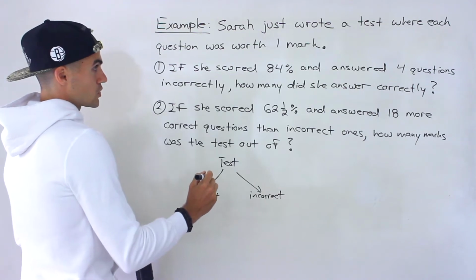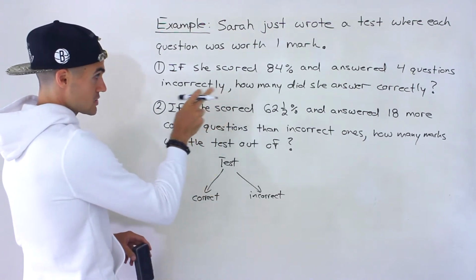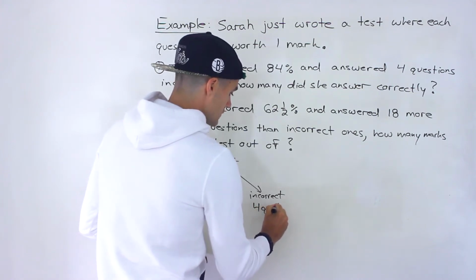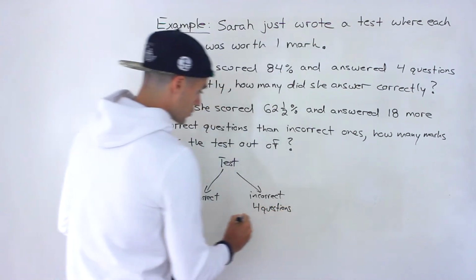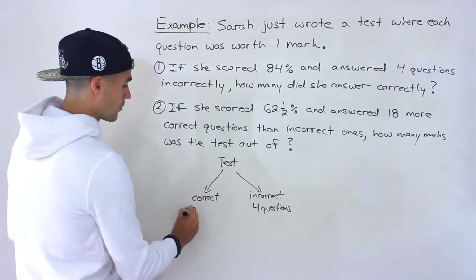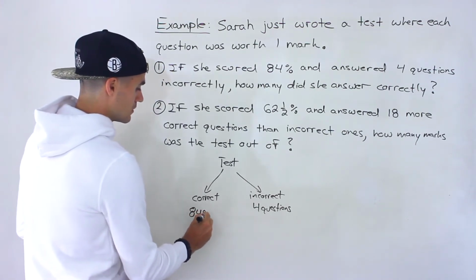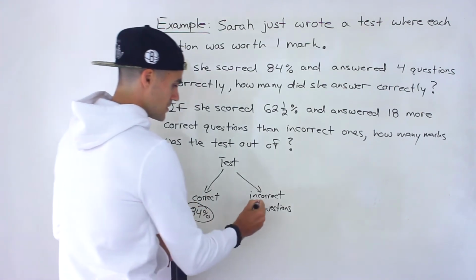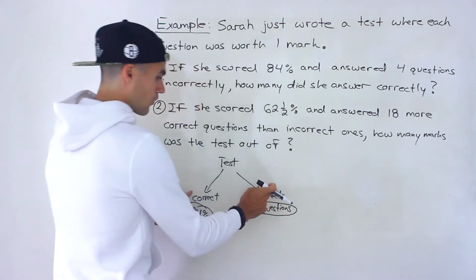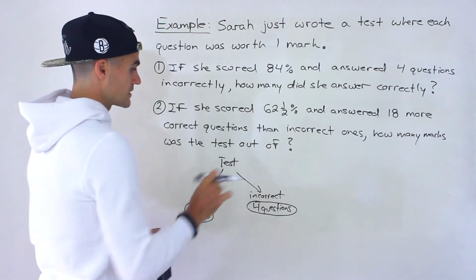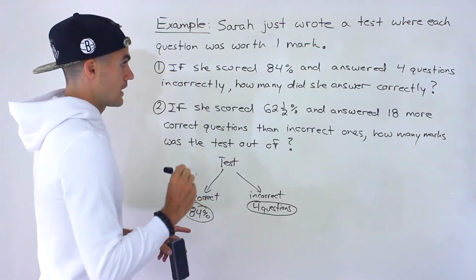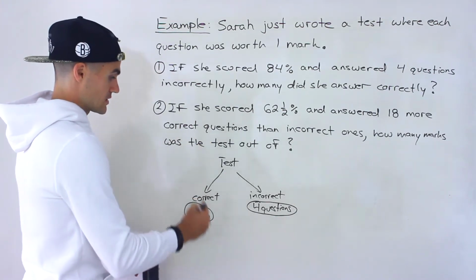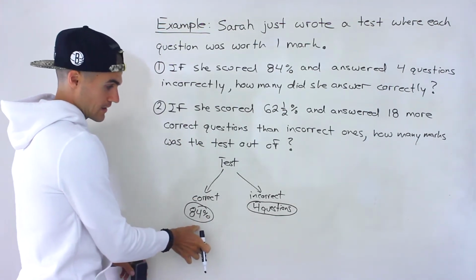And we're told on an absolute basis, she answered 4 questions incorrectly. And then on a relative basis, we're told she answered 84% correctly. Right? So 2 different pieces of information for both of these kinds of questions, correct and incorrect questions that she had. And then they're asking how many did she answer correctly? So they're asking how many questions were answered correctly.